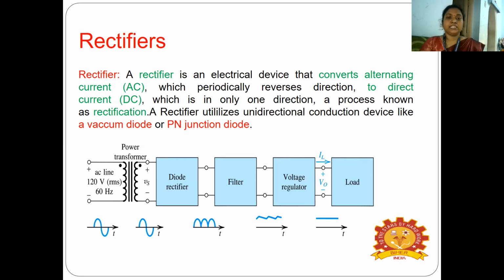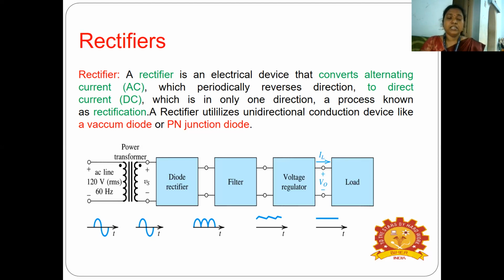That signal is given to the filter. Normally, when we go through a process like rectification, surely you will have some ripples or some kind of noise and interference. These we have to remove, so for that reason we are using a filter.